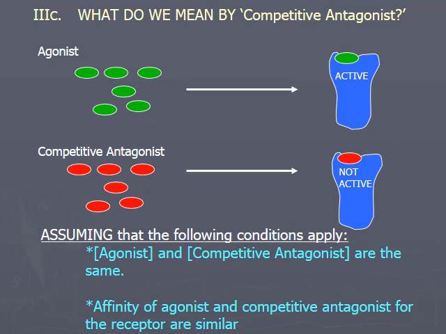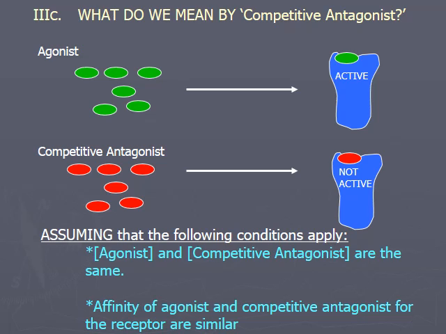And what will dictate that is the concentration that's presented to the receptor and how tightly it binds to the receptor. And then when you have a competition, this idea of competitive antagonism, two things are competing for the same receptor.